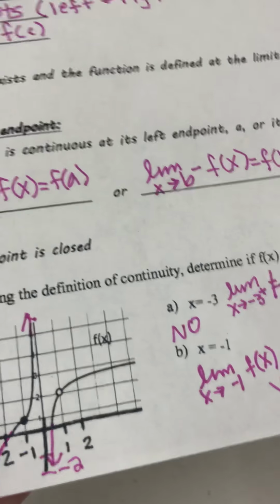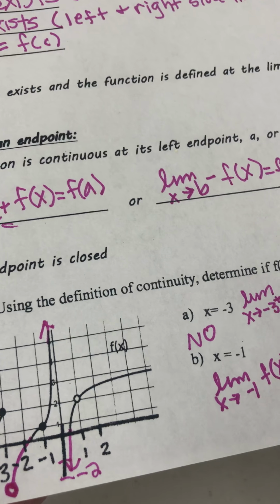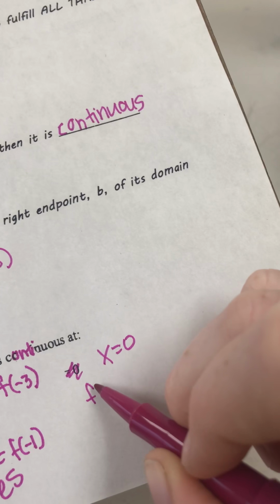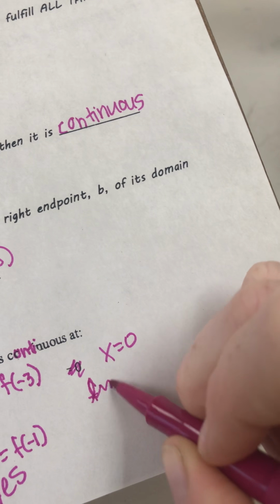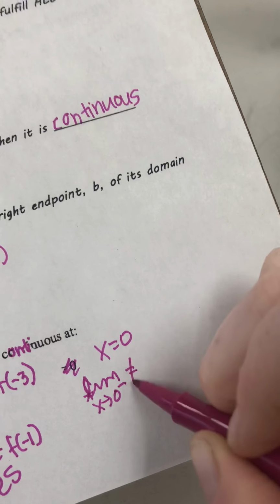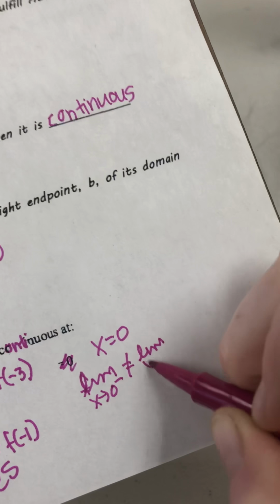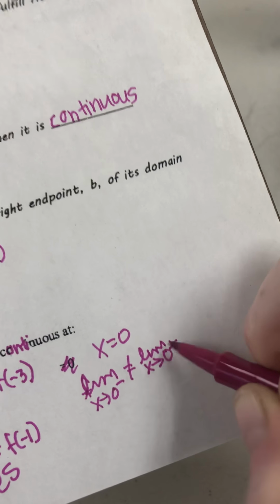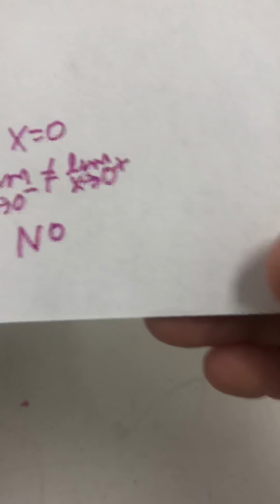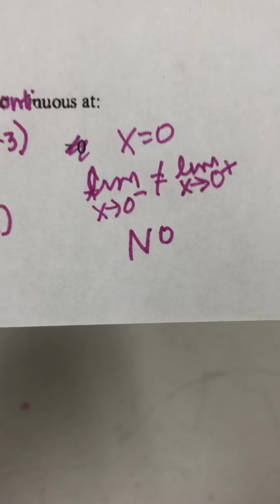And from the right side, it's approaching negative infinity. Okay, so the limit as x approaches 0 from the negative side does not equal the limit as x approaches 0 from the positive side. So this is no, not continuous there. Okay, that's it for the first page.